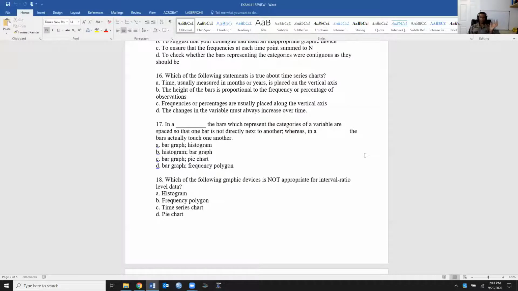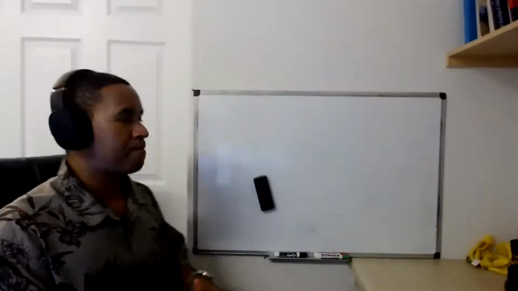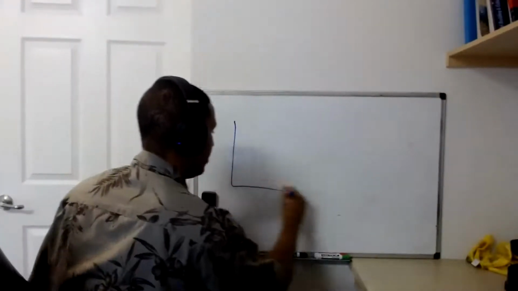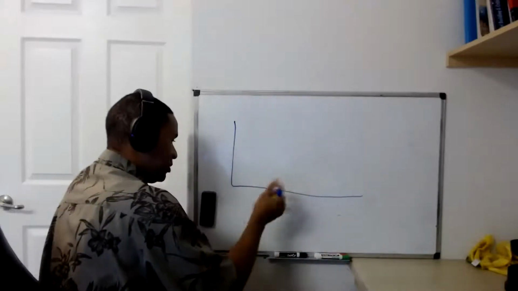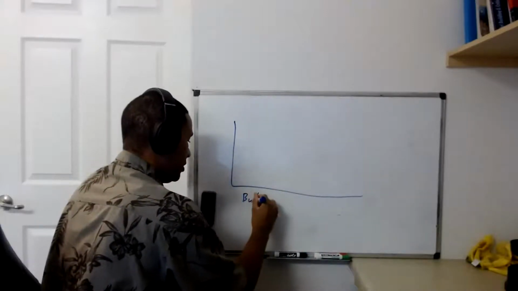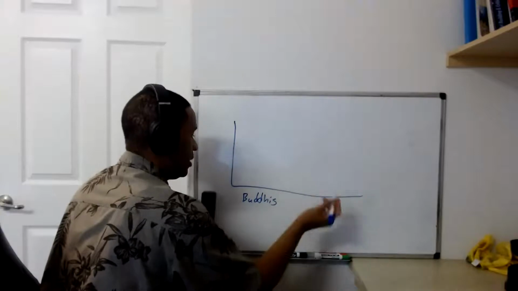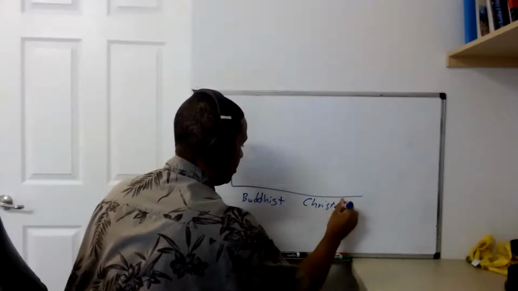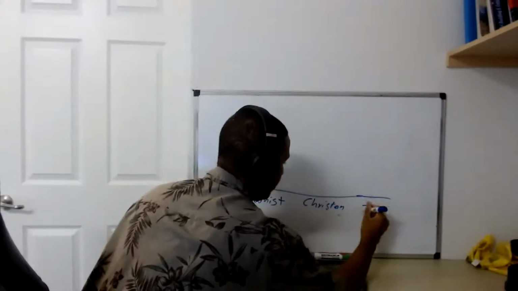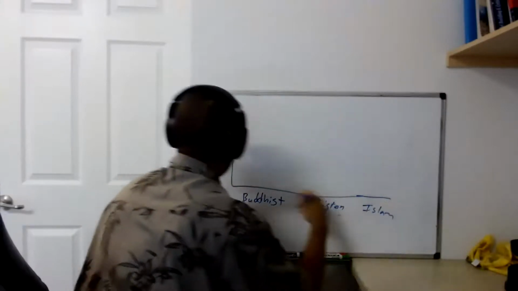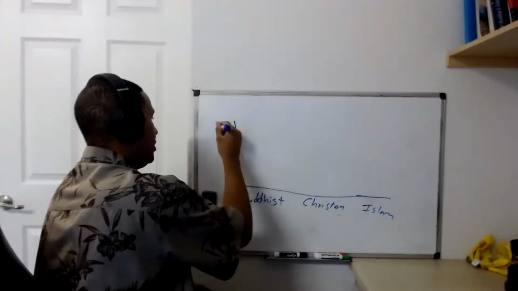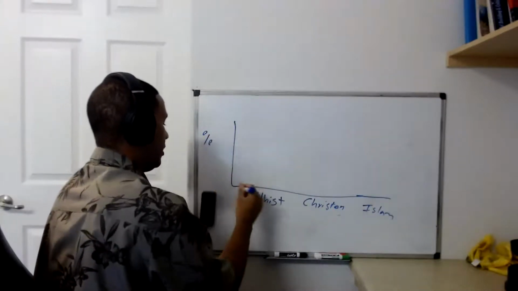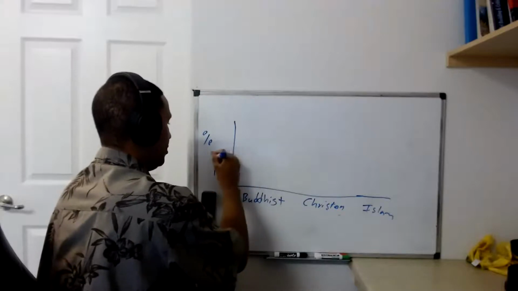Let's just say we're talking about religious affiliations. We have a little bar graph, and we have one category. There are more religions than what I'm about to throw out right now, but I'm just going to keep it simple. Buddhist, and then we have Christian, we have Islam, and let's just say we have percentages here.